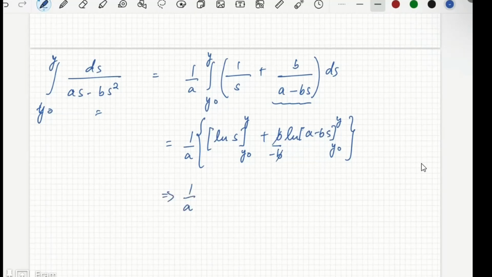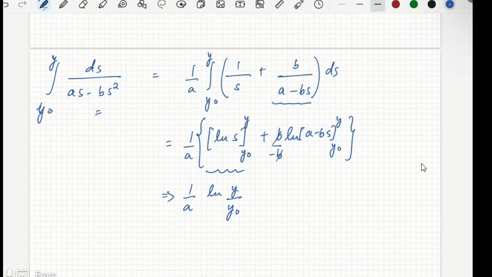So we can solve it further. This term will be ln y minus ln y naught, and using the log property, ln a minus ln b can be written as ln a by b. So we have written ln y by y naught.